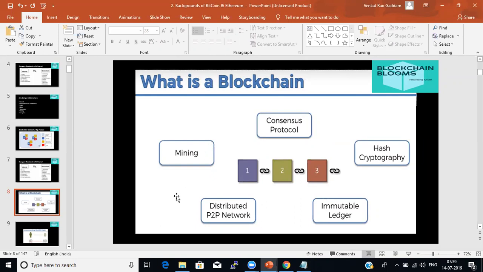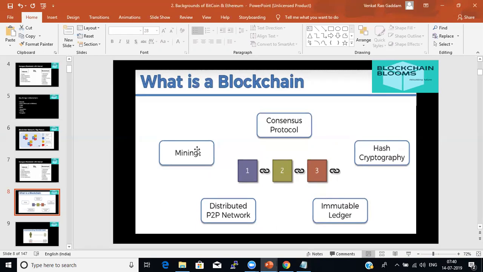Mining and consensus together take about 10 minutes: generally 7 to 8 minutes for mining and 2 to 3 minutes for consensus. Together, both mining and consensus we'll call block creation time.